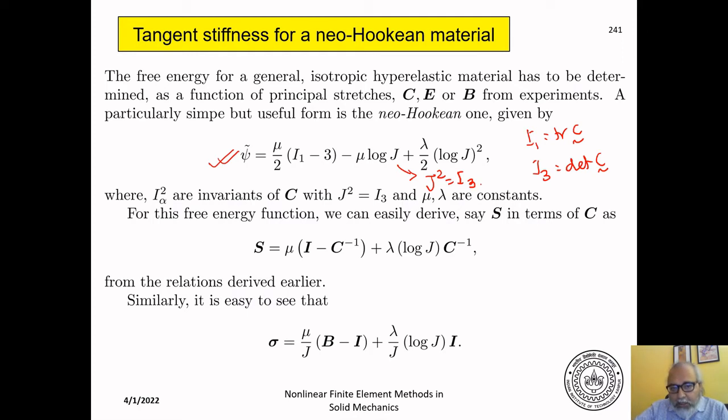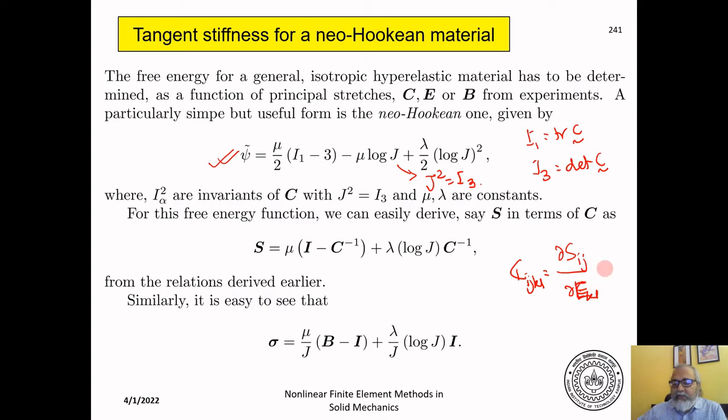So we will use this strain energy density function to go through the whole procedure of deriving the tangent stiffness matrix. So in this case, the tangent stiffness matrix that we are deriving is this. So Cijkl is this. In this case, it is phrased in terms of the invariants of C. So, sorry, this is EKL.